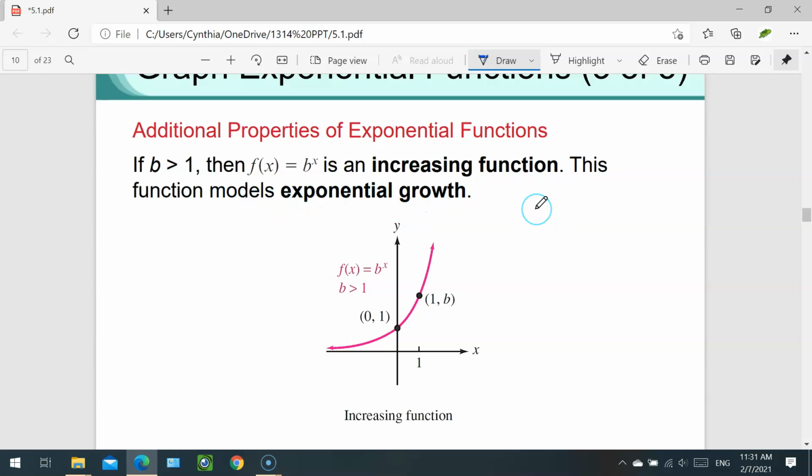When b is bigger than 1, could be 2, b cannot be equal to 0, and b cannot be equal to 1. We call it the exponential growth function, and we use it to calculate interest questions, compound interest, or bacteria increase problems.